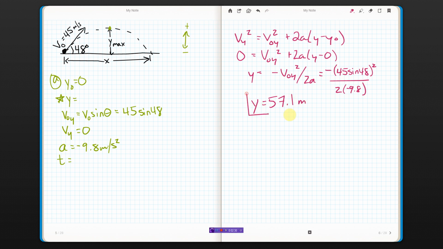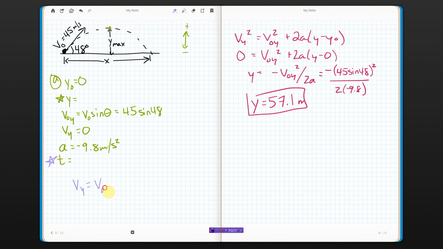But if I wanted to, I could also find t first and then use that in the second equation to find y. I'm going to go ahead and do that because it'll help me with part B in the end. If I found t first, I could use this equation.